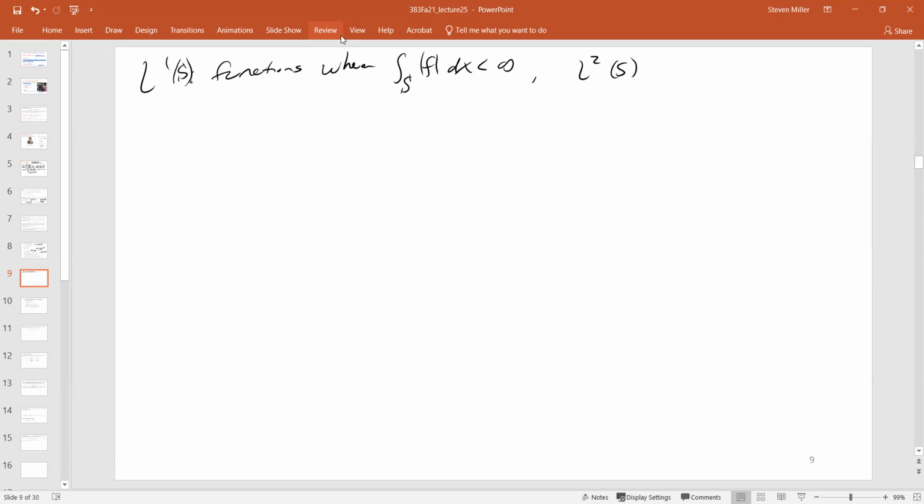L2 of S is functions where the integral over S of f squared dx is finite. What's true about this? Functions that are integrable versus functions that are square integrable on 0, 1.